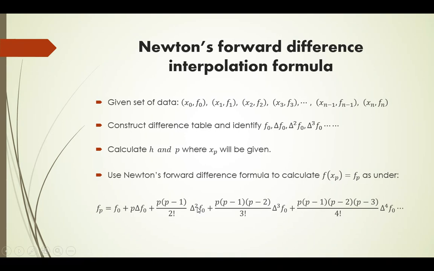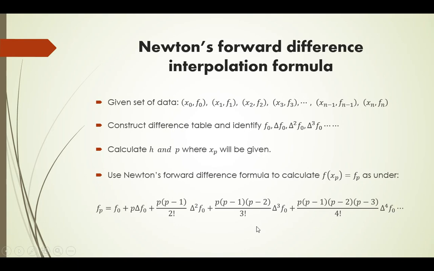See, if there is the second difference, then this is 2 factorial. That is the third difference, so this is 3 factorial. And if this is the fourth difference, so this is 4 factorial, and so on. This is just like binomial expansion, if you remember your first year course. So this is the formula for Newton's forward difference interpolation.